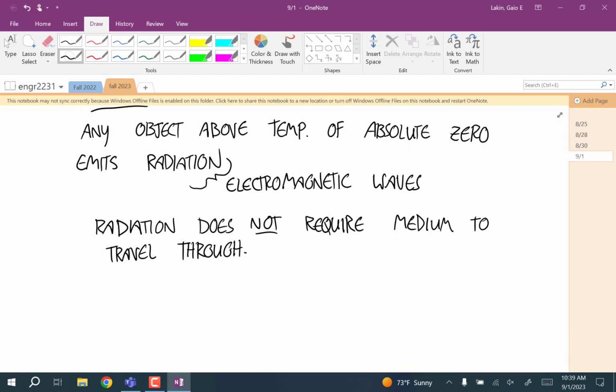So radiation is emitted from a material, according to the Stefan-Boltzmann law.